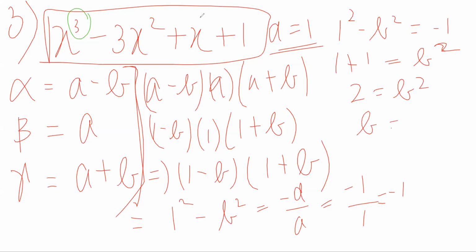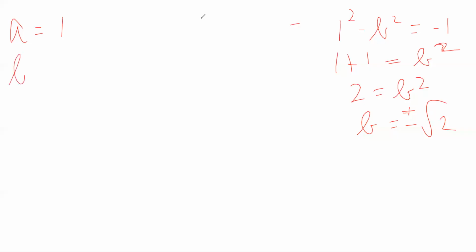And b will be plus or minus root 2. We have found that a is equal to 1 and b is equal to plus or minus root 2.